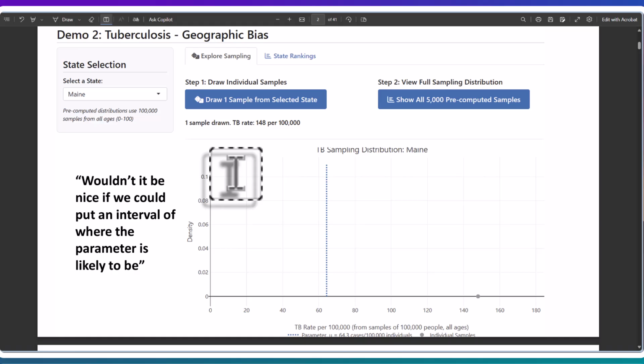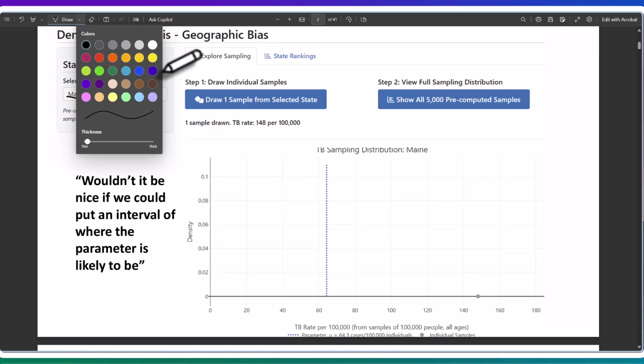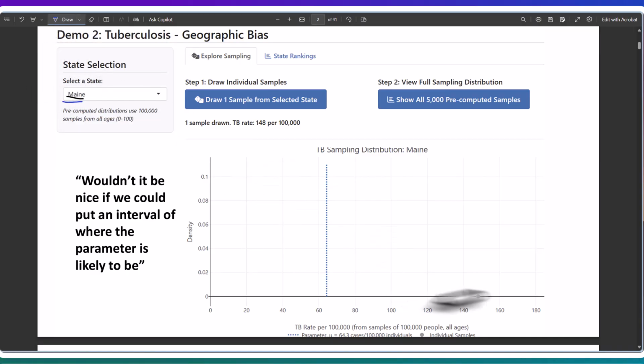So we've seen this a little bit. Last week we were looking at confidence intervals, and we asked ourselves, okay, in Maine it appeared that we had about twice the national rate. Here's our Maine prevalence rate of tuberculosis, and it was about twice the national average. We wanted to come up with a confidence interval for this, and maybe that confidence interval stretches from 100 to 200.